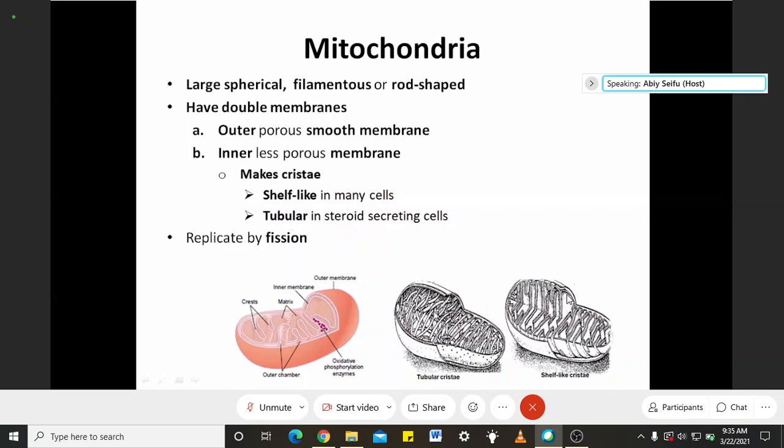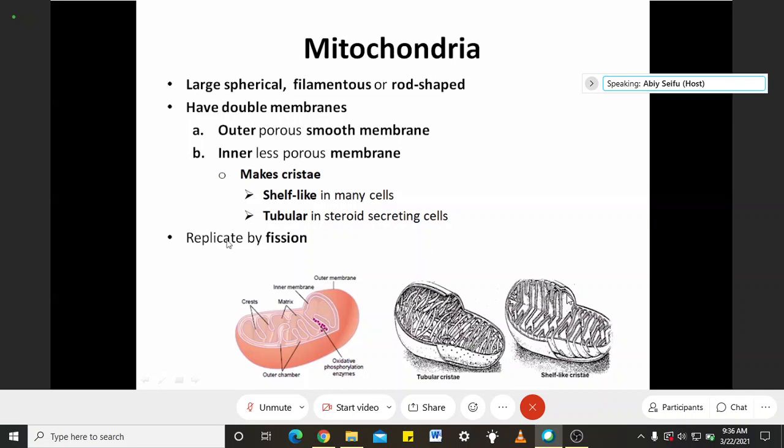These are tubular, these ones are flattened and shelf-like. So by looking at the shape and nature of the cristae, you can tell the activities of the cells. In many cells the cristae are shelf-like, whereas in steroid-producing cells, the cristae are tubular and even much more formed.